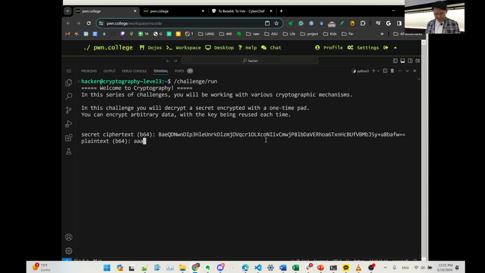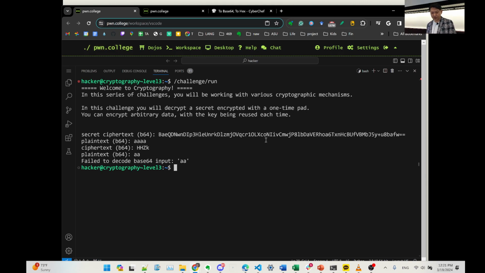So we can put some data here. So for the encryption, you have to align the size of the text, ciphertext, and the key size.